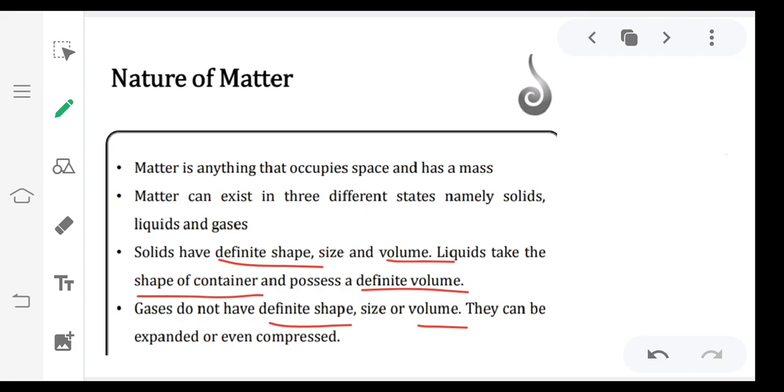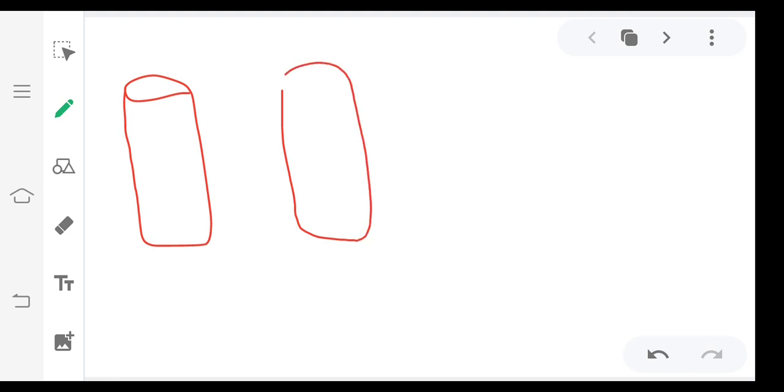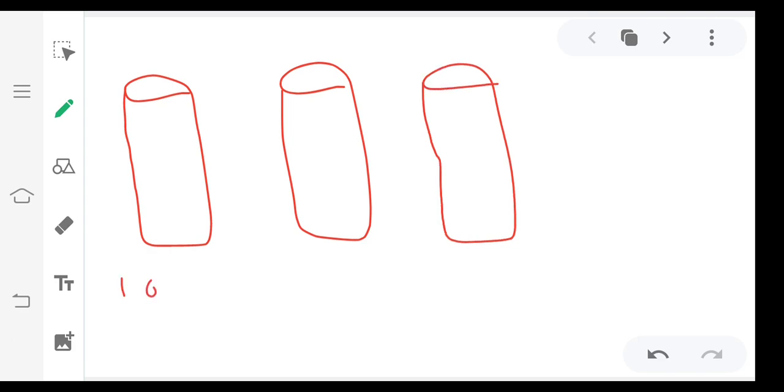Now I will explain these properties by taking a few diagrams. You will get clarity. So what I said, solids have definite shape and volume. Suppose I take three 10 liter containers. This is a 10 liter container, this is also 10 liters and this is also 10 liters.